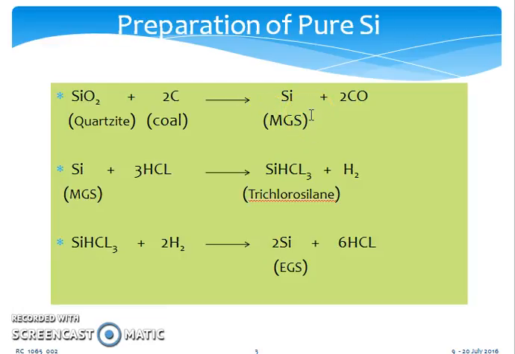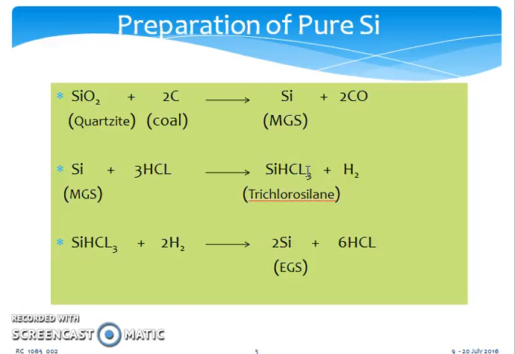The silicon required to fabricate semiconductor devices should be extremely pure. So to remove these metallic impurities, a second reaction is undergone. This metallurgical graded silicon reacts with hydrochloric gas, forming compounds of silicon.